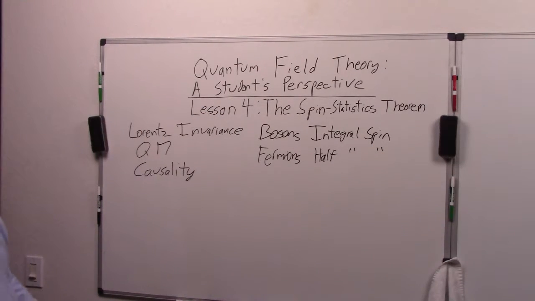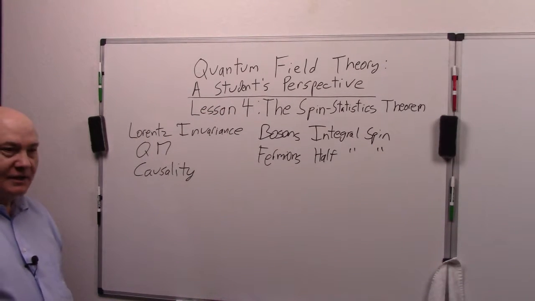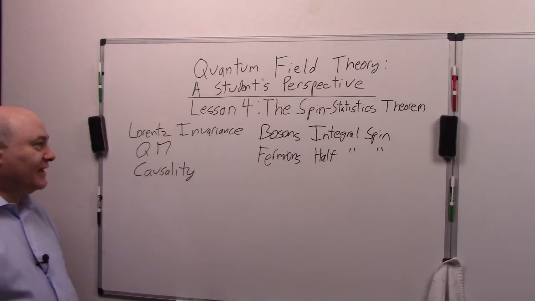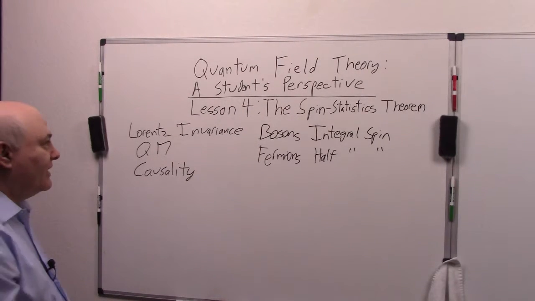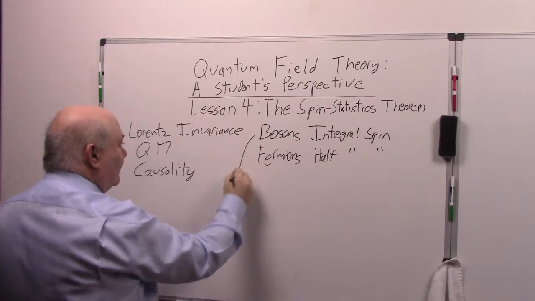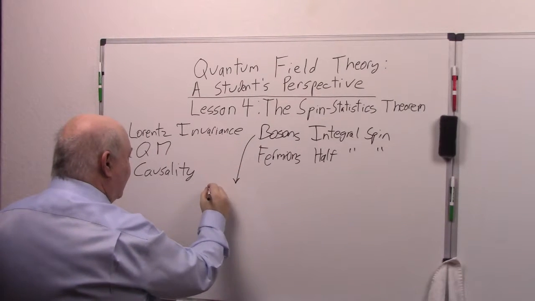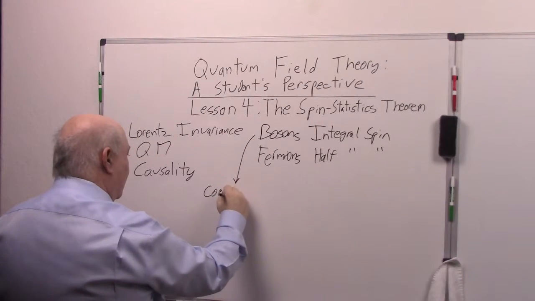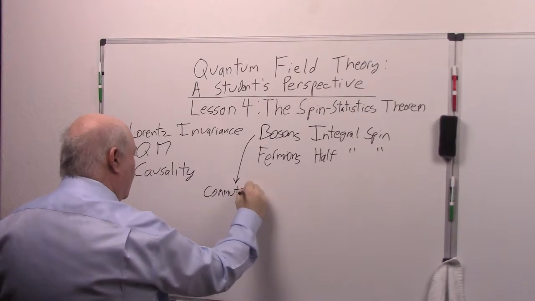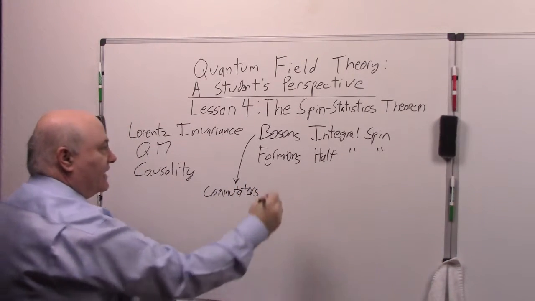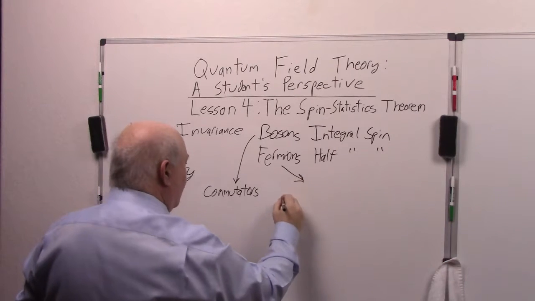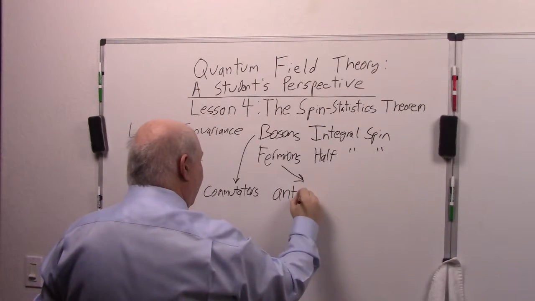Now, for our purposes, what this chapter is about is that when we quantize bosons, we have to use commutators. And when we quantize fermions, we have to use anti-commutators.